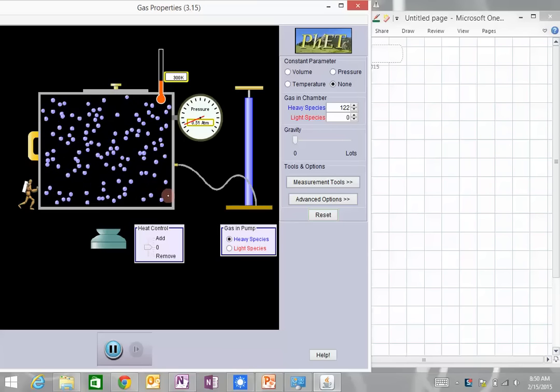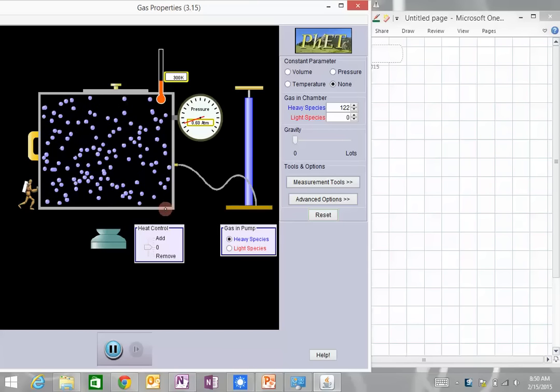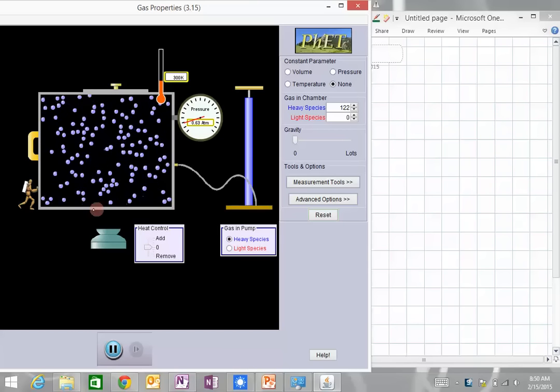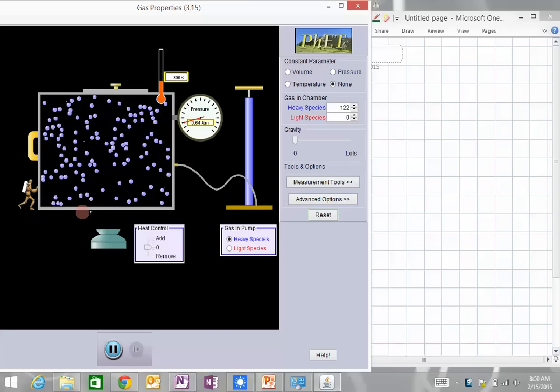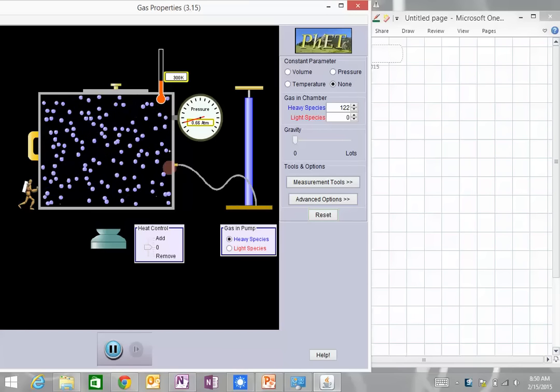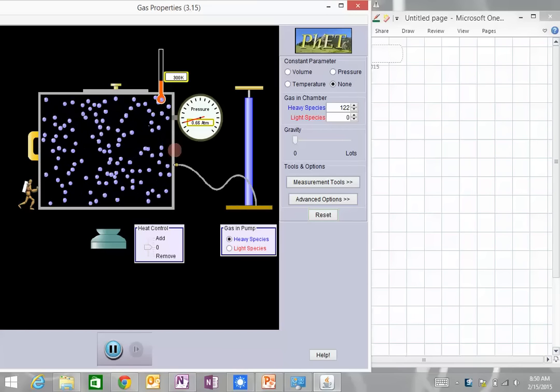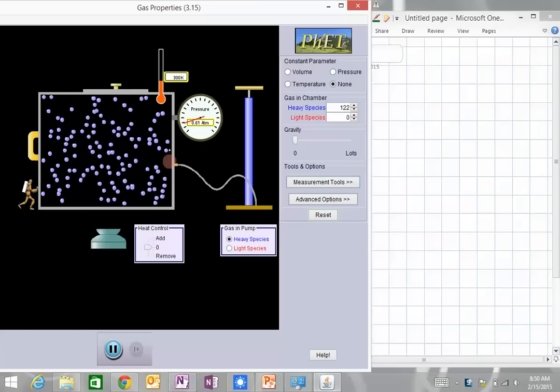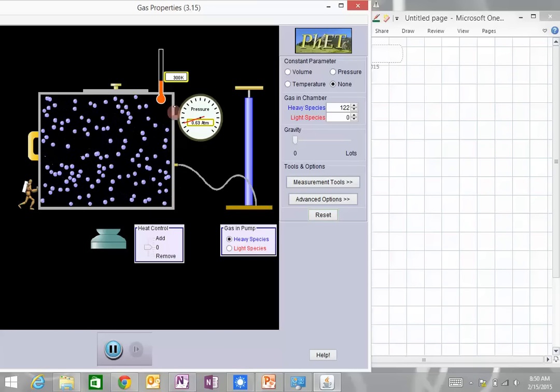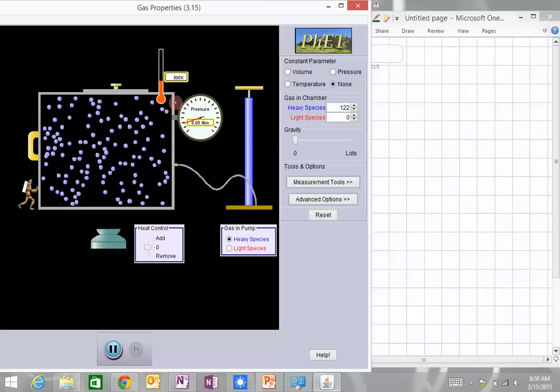So if you want to measure the pressure, it is basically the force of these particles on the walls. For instance, if you look at this bottom wall or this side wall, there are particles colliding with it all the time.